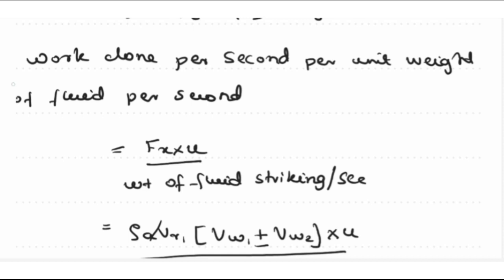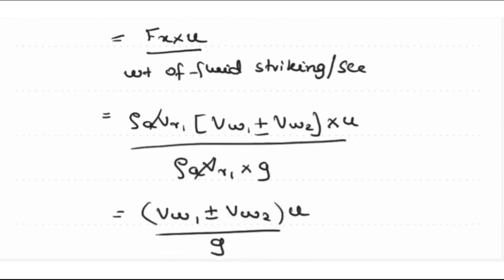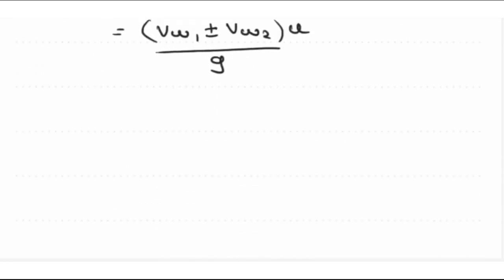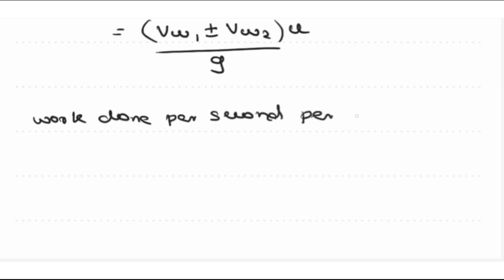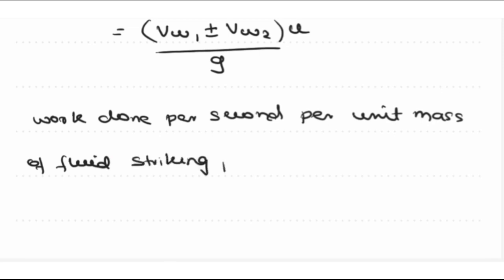So this is the second thing, and we will move to one more. So that is work done per second per unit mass of fluid striking per second.